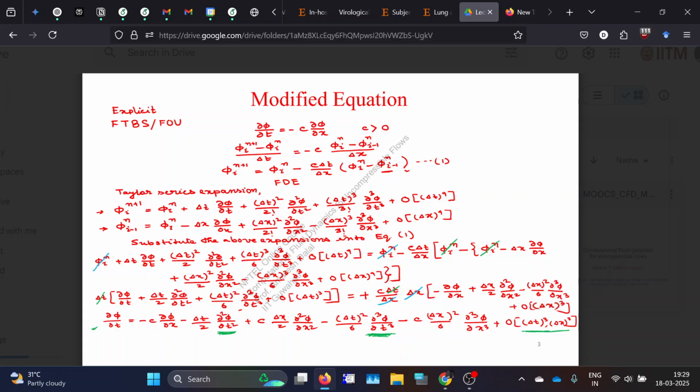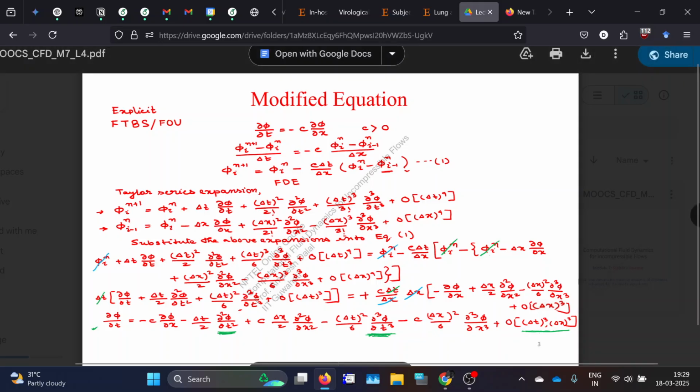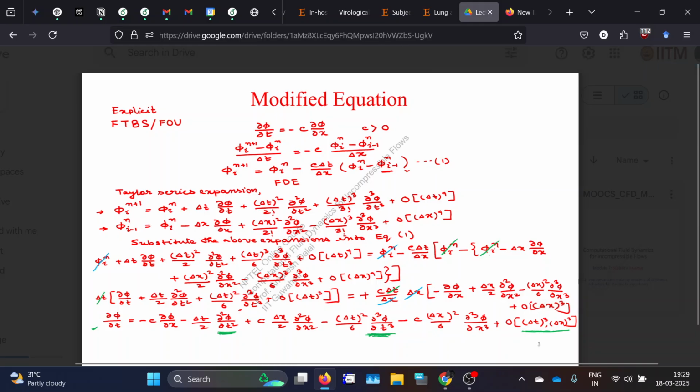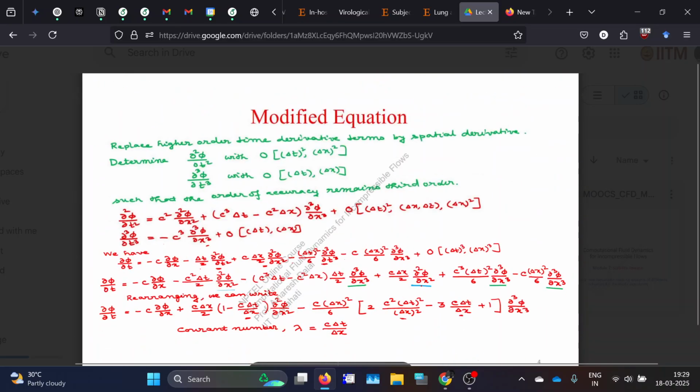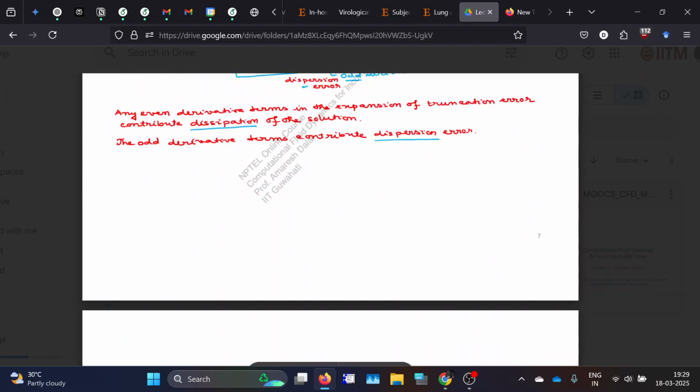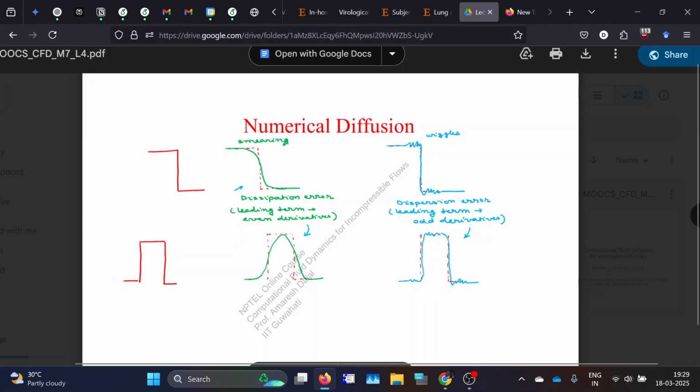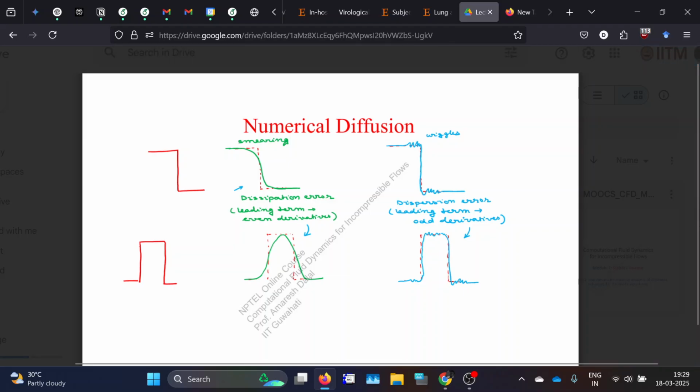But this phi i n minus 1 comes from the Taylor series itself. So and then the third step is, why are we doing this ugly math? The main thing is we saw that if we solve the thing in this way over here, without all these, before the second Taylor series expansion, like if I had the equation dou phi dou t equal to minus c dou phi dou x and I did FTBS discretization and solved it, then I already saw that I get errors like this. Then I'm trying to find out where these errors are coming from.